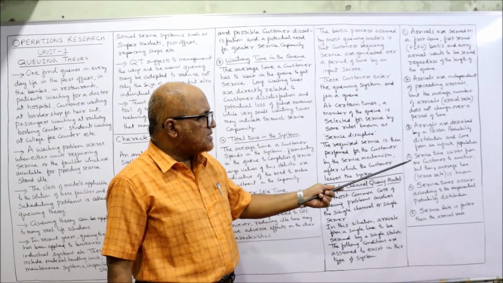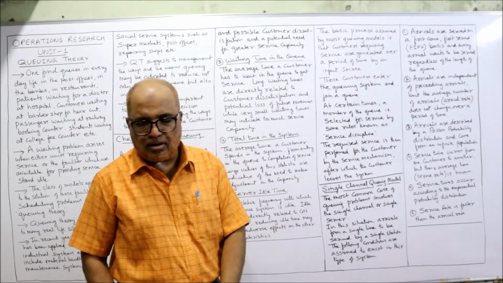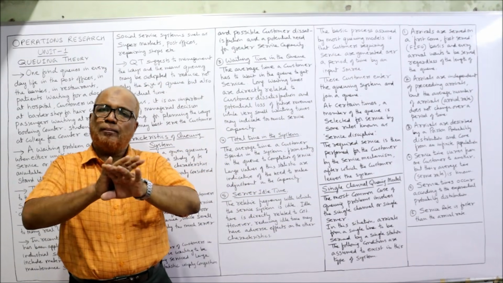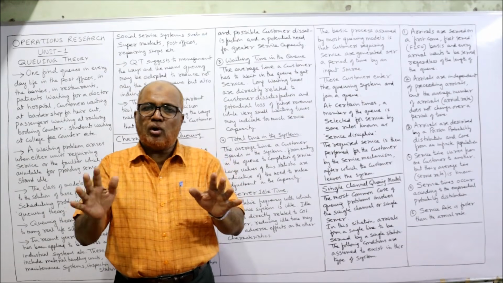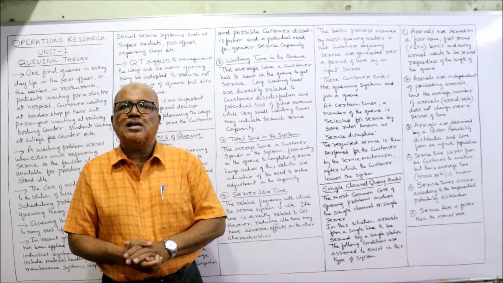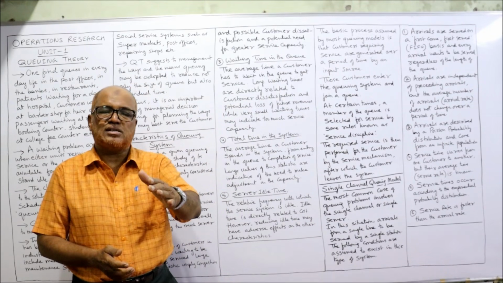The next one is, service time varies from one customer to another, but the average service rate is known. See here, arrivals are completely uncertain. There is no relationship between one arrival and another arrival. Similarly, the service time will also differ from one service to another.